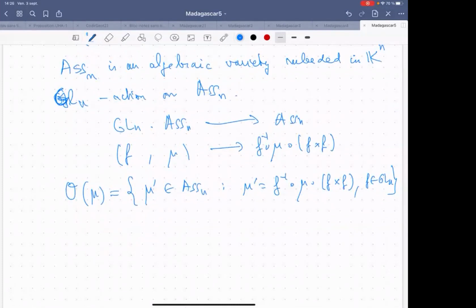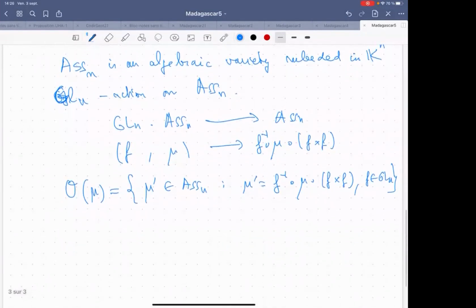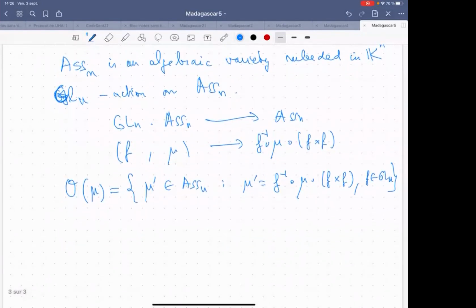Now maybe we could also say one word about topology. Usually when you are dealing with algebraic geometry, you use the Zariski topology, which defines the closed elements, which are algebraic sets.